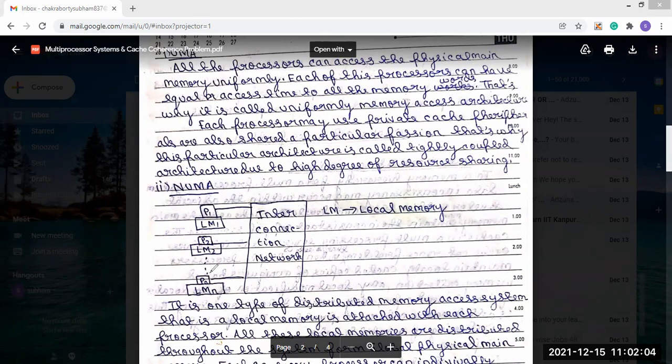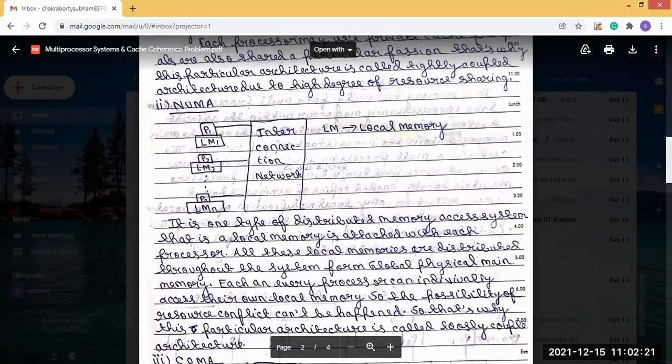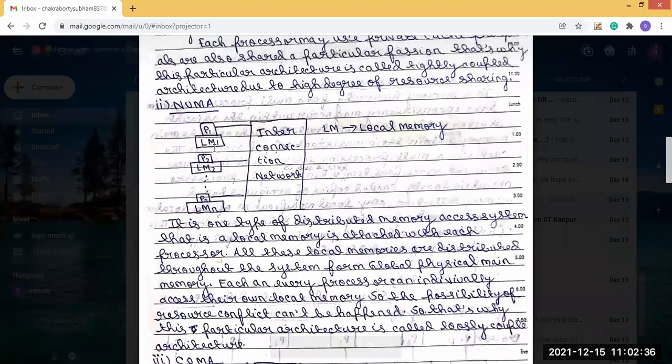So each processor has its own local memory, and all these local memories are distributed throughout the system from the global physical main memory, and each processor can individually access its own local memory. That means processor P1 will only access LM1, its own local memory.